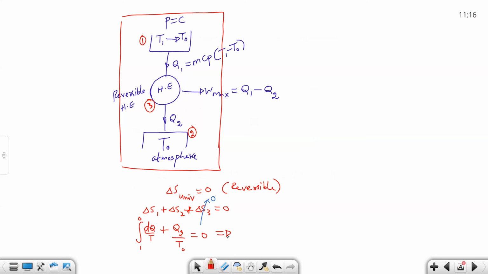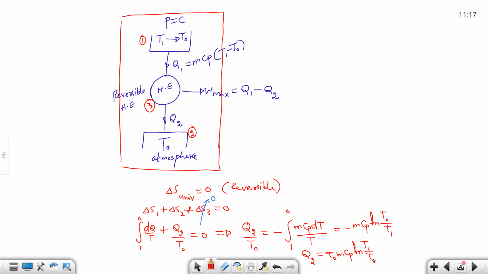So this gives you Q2 by T0 is equal to minus the integral from T1 to T0 of m Cp dT by T, for a constant pressure heat rejection, which is m Cp ln (T0 by T1). So Q2 is equal to, taking the minus sign inside, m Cp T0 ln (T1 by T0).